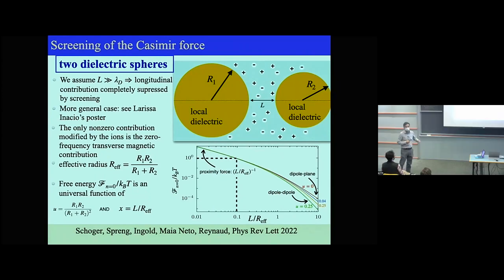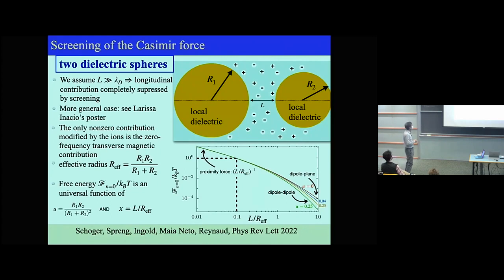So the longitudinal contribution has gone. It was completely suppressed, so I will have only the transverse contribution. The more general case is discussed in Larissa Inácio's poster, which is still there, but not for very long, as Ricardo said.